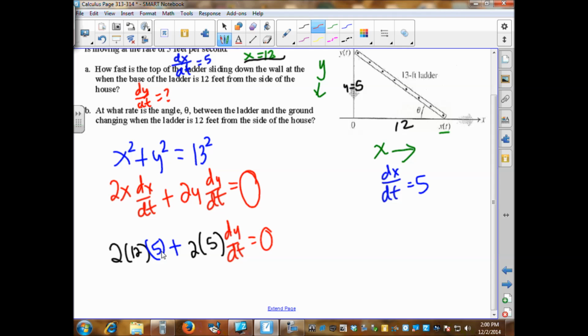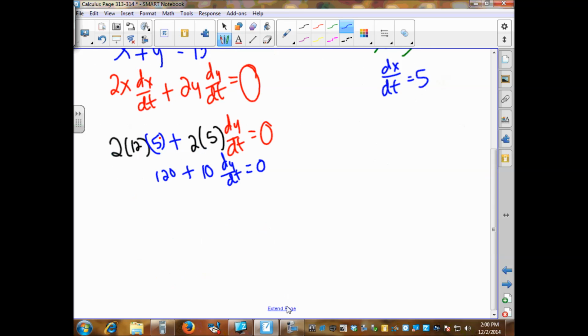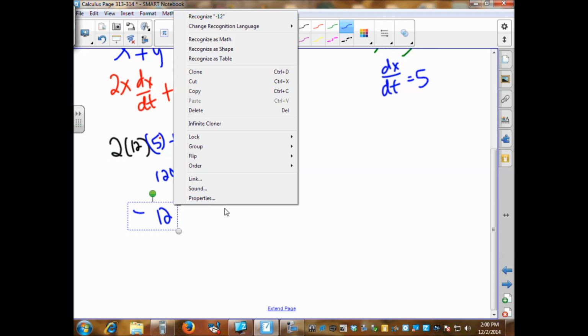So let's go ahead and just solve now. That's going to be 2 times 5 is 10 times 12 is 120 plus 10 dy dt equal to 0. Subtract our 120.